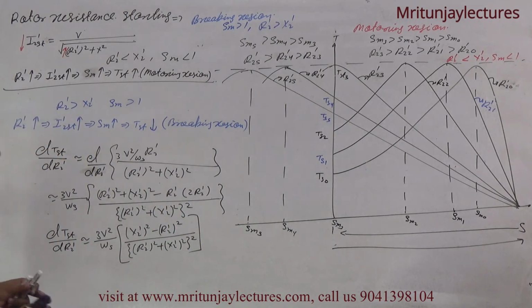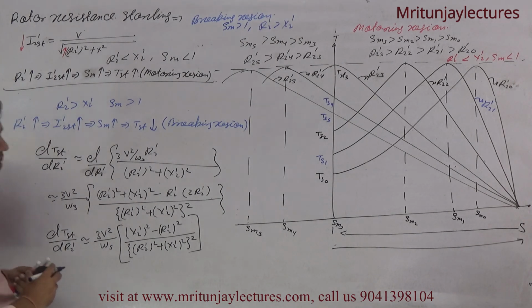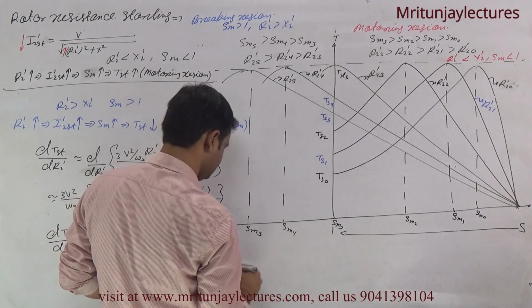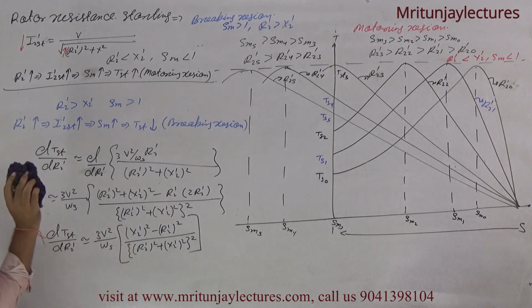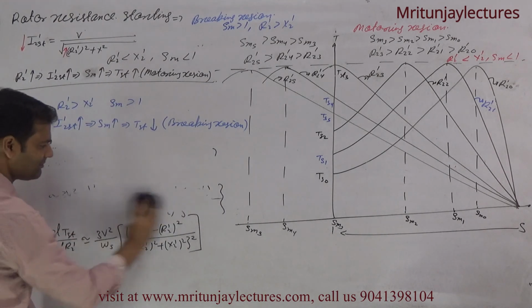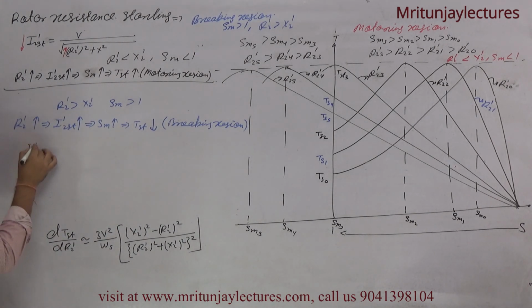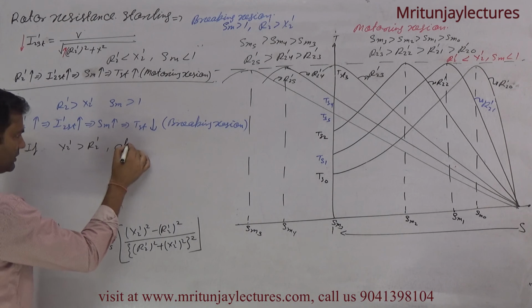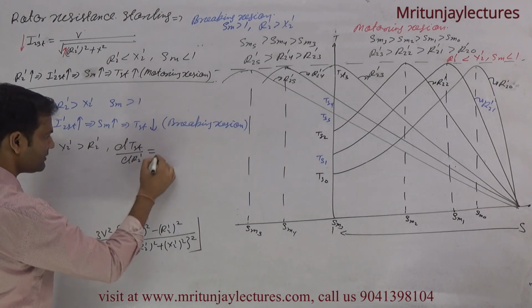If X2 dash is greater than R2 dash, then d T starting by dR2 dash is positive.